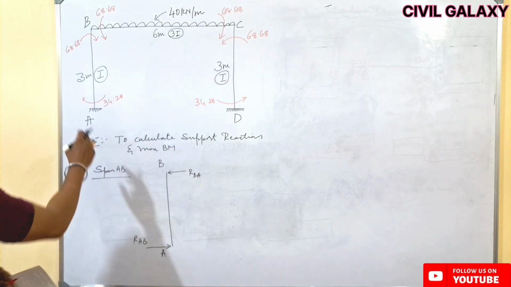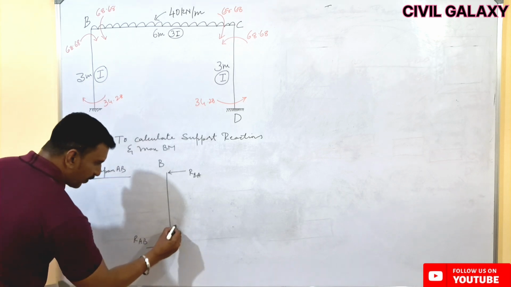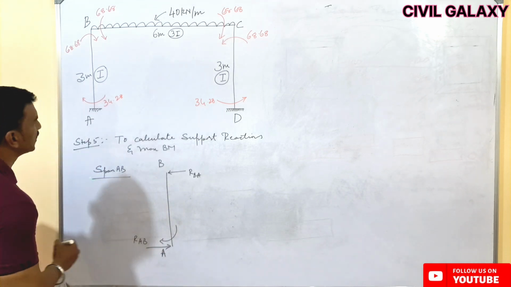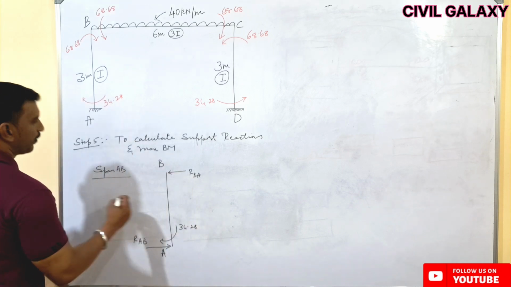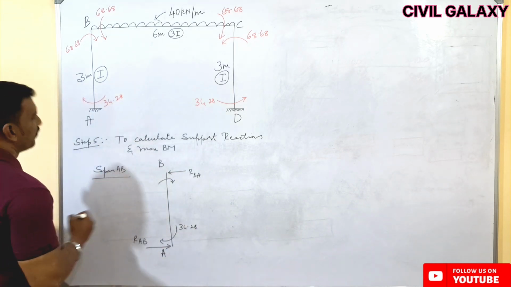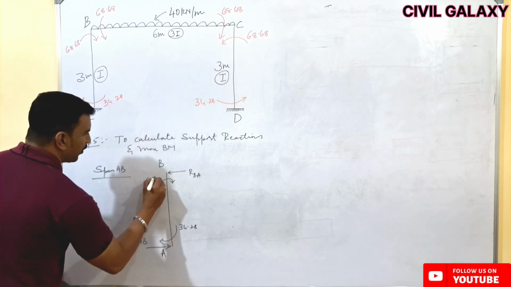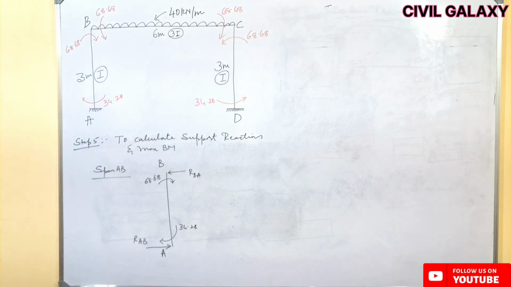Here we have a value in the anti-clockwise direction, that is 34.28, and here a clockwise moment which is 68.68 kilonewton meters.